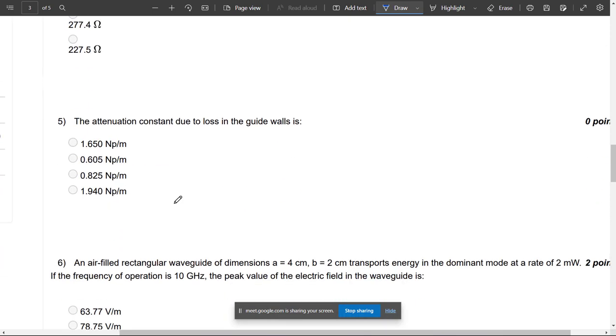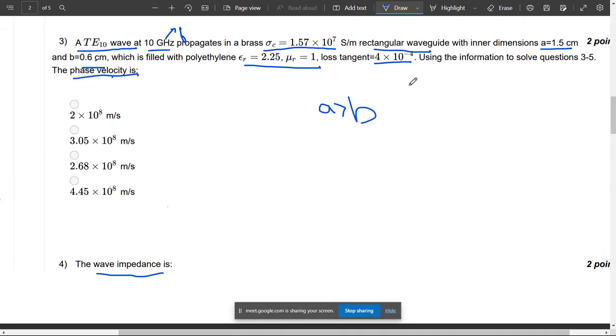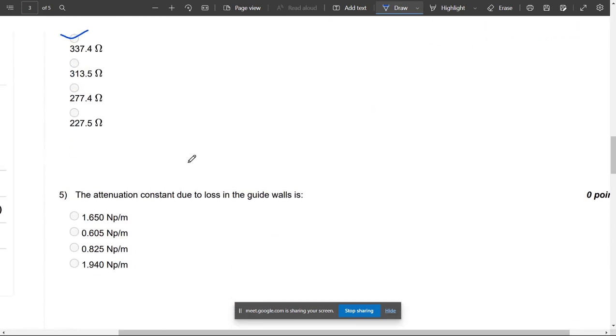Question number 5. For the same information which is already given to us, now let's find out the attenuation constant due to the loss in the guide walls. When a wave travels in a waveguide, there will be certain losses. Now these losses can be determined if we know the attenuation constant. So here it is asked what will be the attenuation constant.